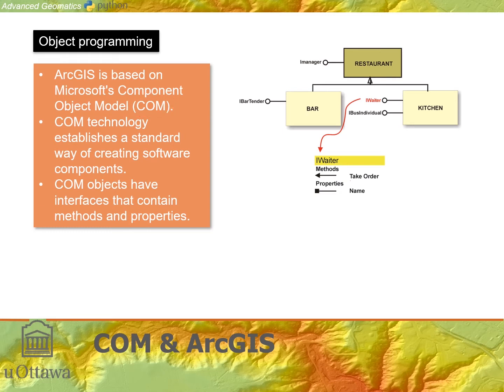And this is a UML diagram. That's how they're diagrammed. And we have arrows or lines saying that the bar points to the restaurant, the kitchen points to the restaurant. That just means they're a component of. So kitchen and bar are components of restaurant. And the kitchen and bar can inherit the restaurant properties and methods as well.